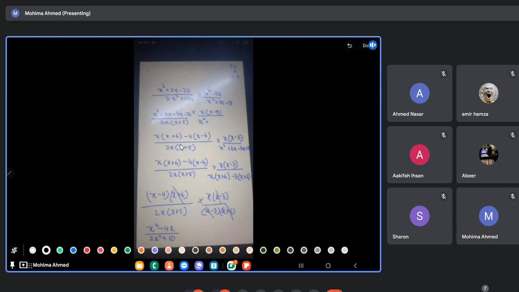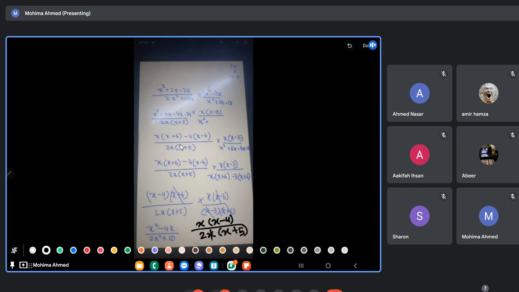So in the numerator you got x plus 6, minus 4, x plus 6, so x minus 3 and x plus 6. This one obviously gets cancelled. x minus 3 gets cancelled out, x plus 3 gets cancelled out. What you actually get over here in the final stage is x minus 4, and then 2x, x plus 5, right?